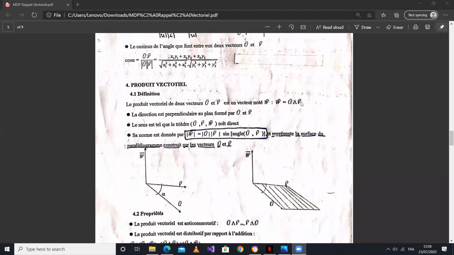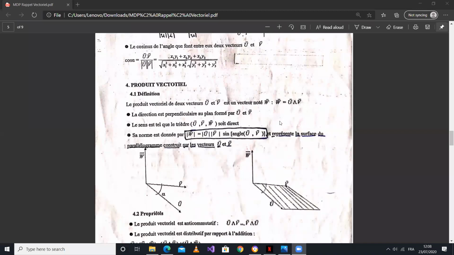So the rule of the product vectorial is that the resultant after you do the product vectorial of two vectors is perpendicular to the vectors you are calculating the product vectorial for. So in this case, we are calculating the product vectorial of U and V, the answer being W. That means this answer here, W, is perpendicular to both U and V. That's just how it is.